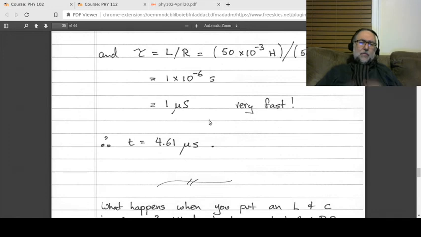To the human eye, it would just seem instant. But to an oscilloscope, you'd be able to see that this is actually taking 4.61 microseconds. You just set the oscilloscope to trigger on 99% of what you expect I naught to be, and you'll get the trace, and from the trace you'd be able to see how long it took to build up.